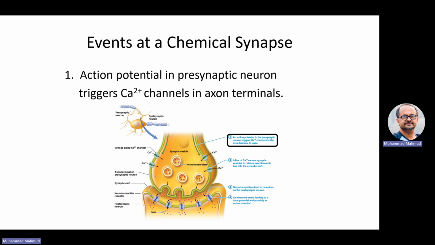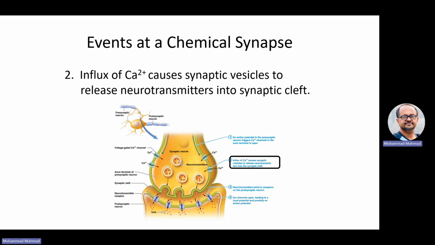That is the first thing to happen. And then step 2, when the calcium channels are open, there will be an influx of calcium, causing synaptic vesicles to release neurotransmitters into the synaptic cleft.